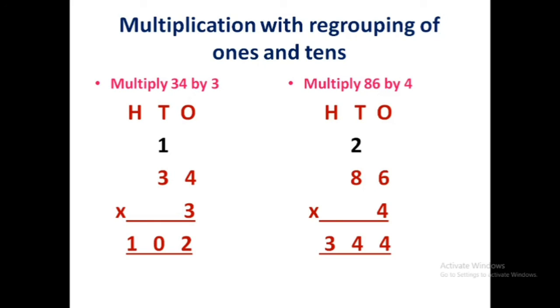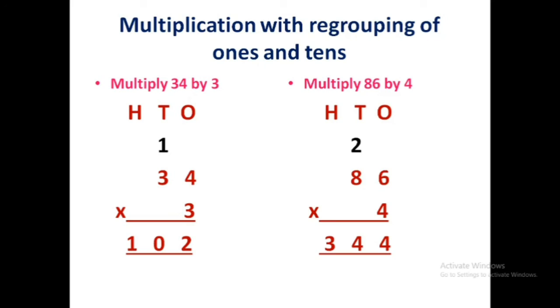Carry 1 to the tens column. 3 tens into 3. 3 threes are 9. 9 plus 1 is 10. So we have to write 1 in the hundreds place and 0 in the tens place. The final answer will be 102. 34 into 3 is equal to 102.